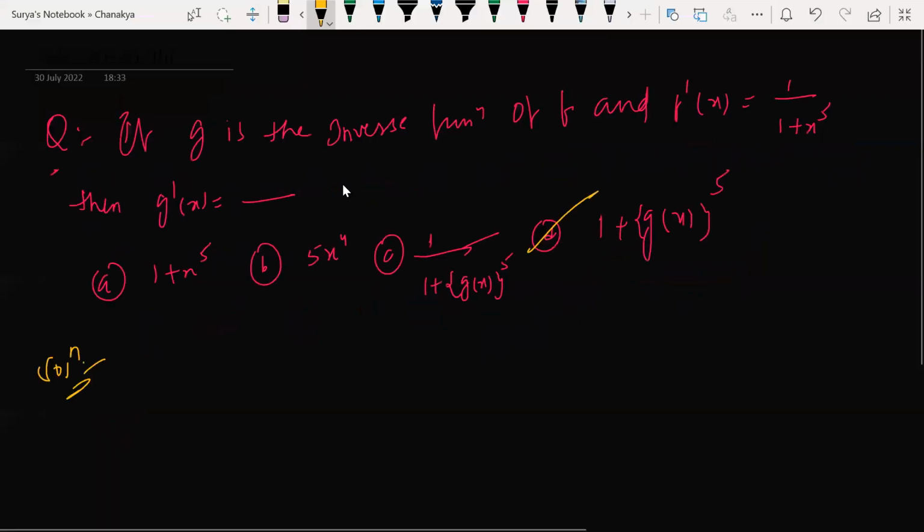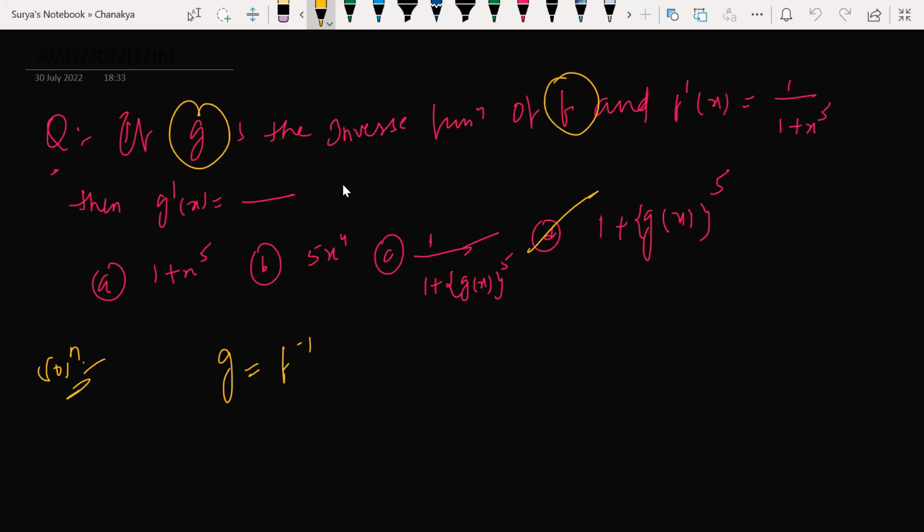Very simple question. See, inverse function is nothing but what? He has given that G is the inverse of F, which is nothing but G is equal to F inverse.